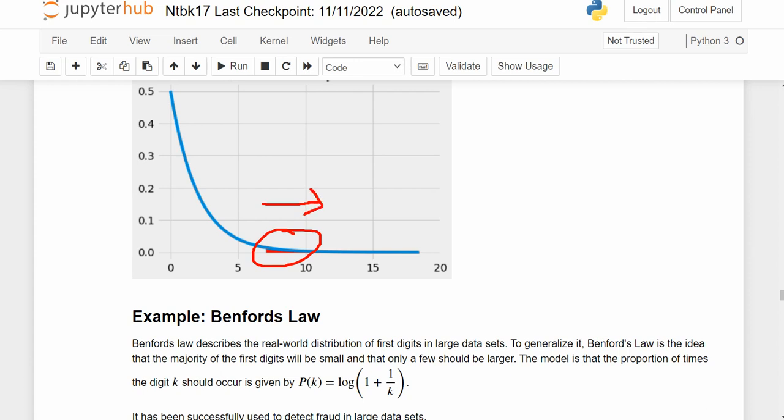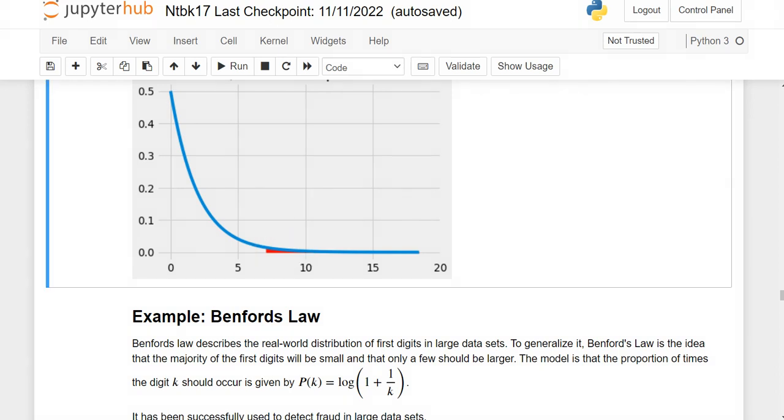We only shade to the right, and the more that we shade, the more likely it is that the data do fit the probability model. When there's very little shaded area, percentage-wise under the curve, then we reject the null.